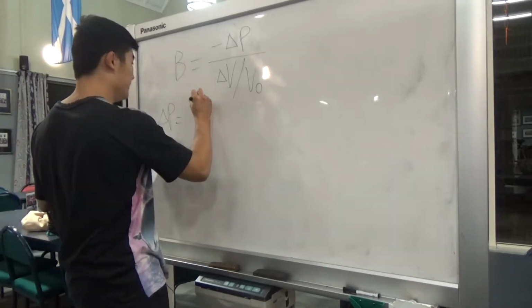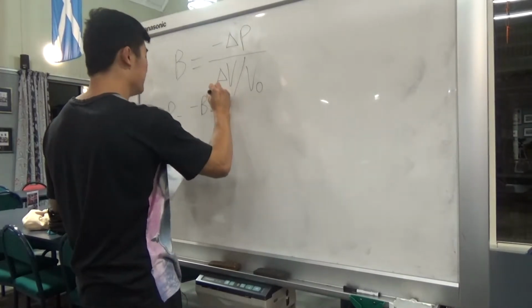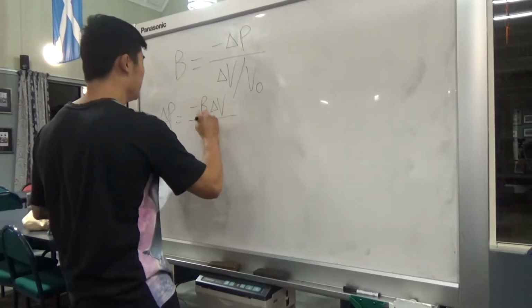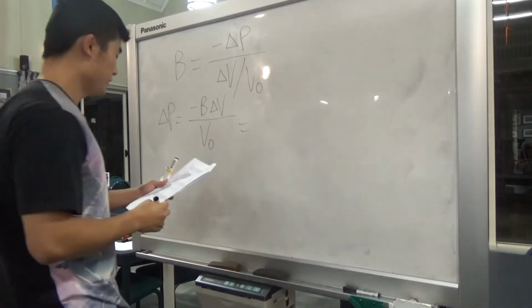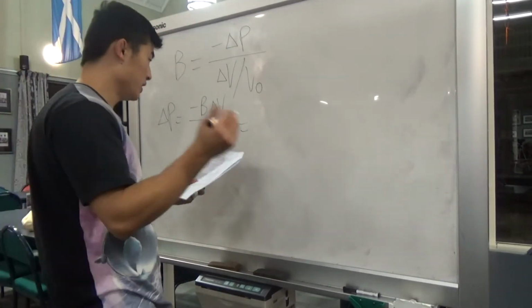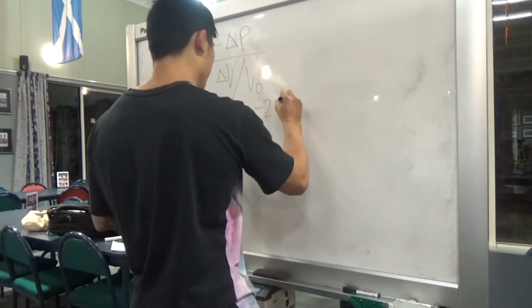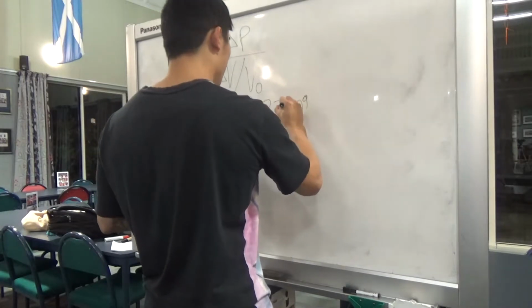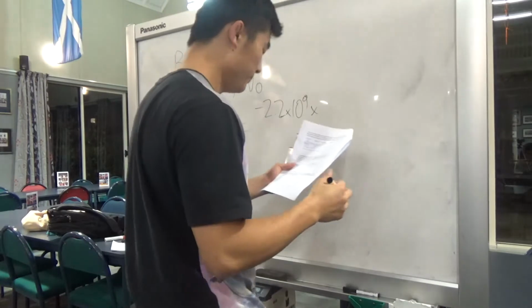the negative of the bulk modulus times delta V over VO. So negative times the bulk modulus, which is 2.2 times 10 to the 9, multiplied by the change in volume.